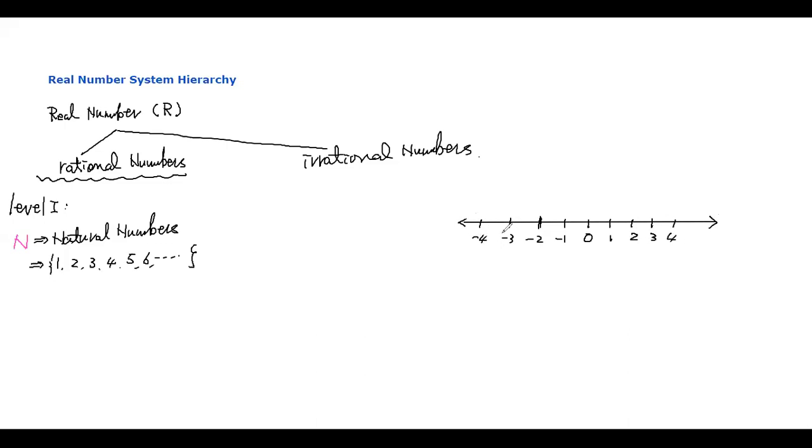The natural numbers are 1, 2, 3, 4, 5, 6, so they are all the positive integers. That's what I'm color coding here.